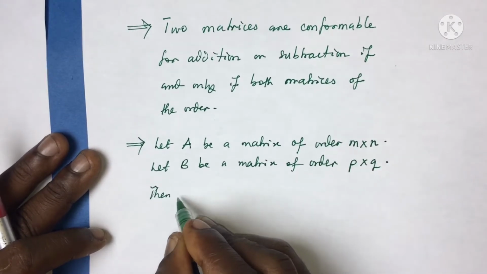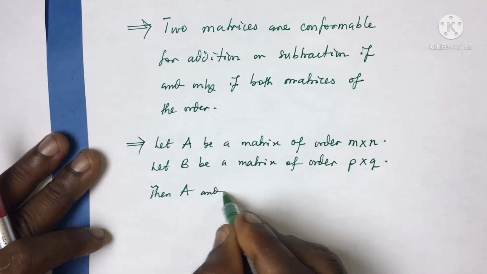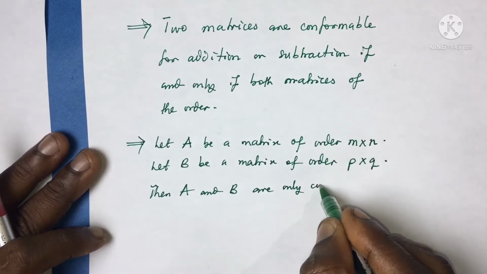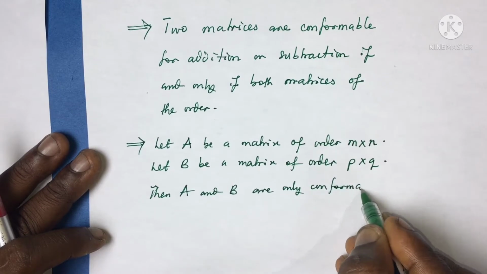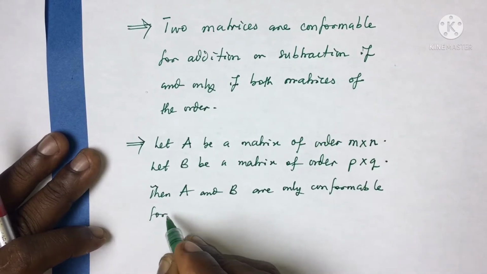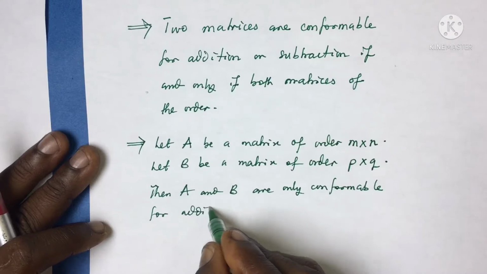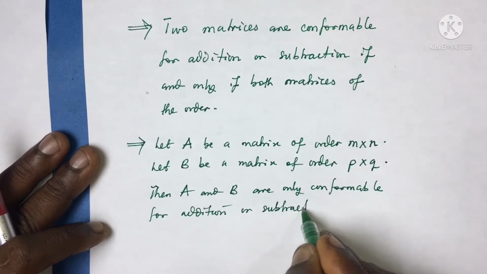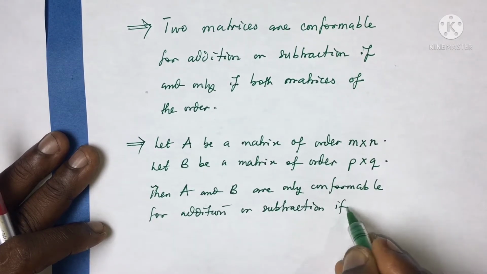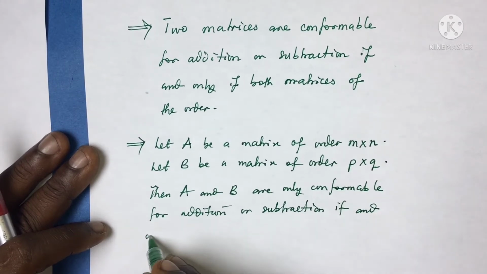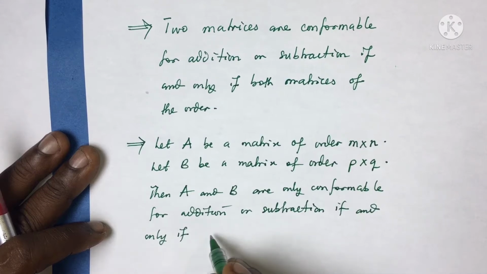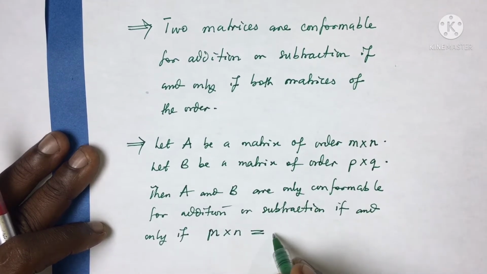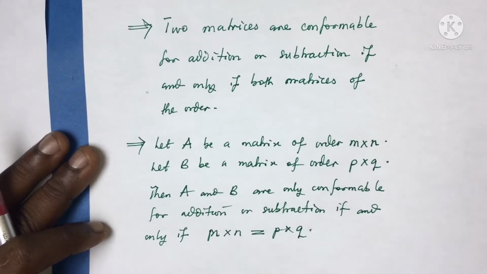Then A and B are only conformable for addition or subtraction if and only if m by n is equal to p by q.